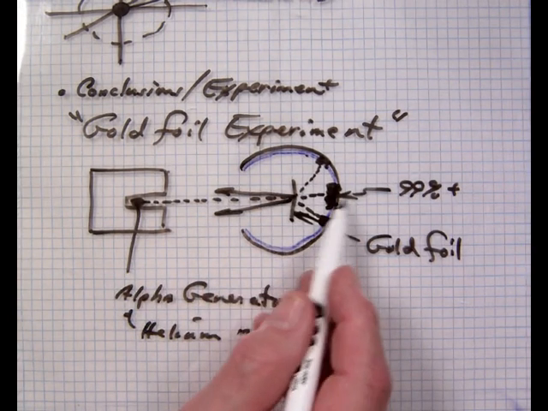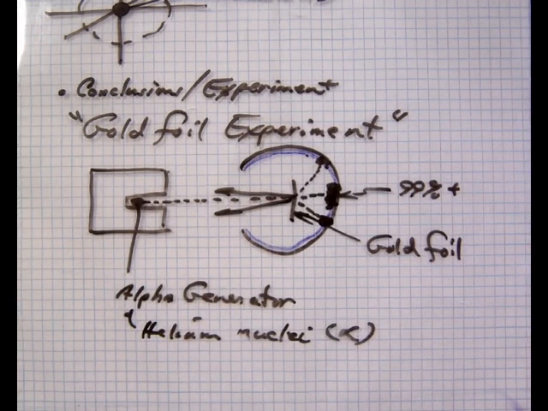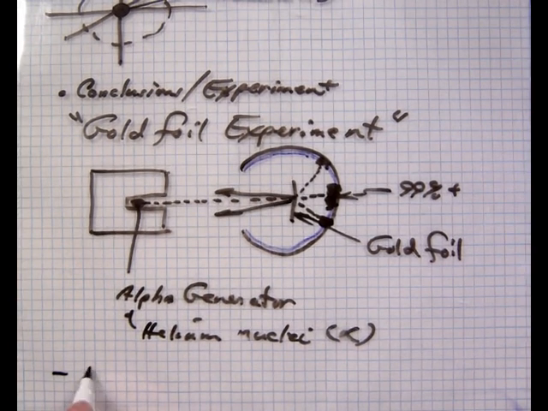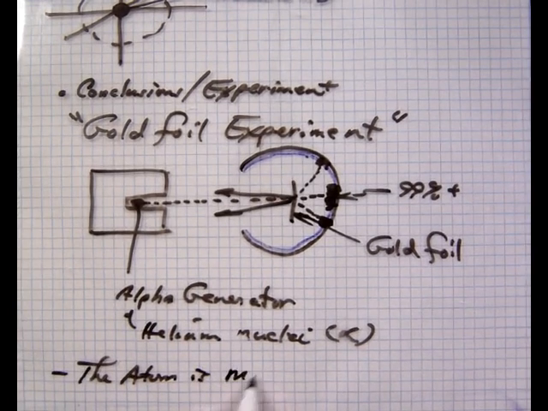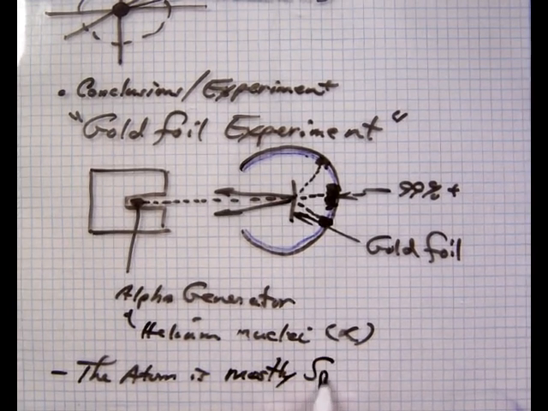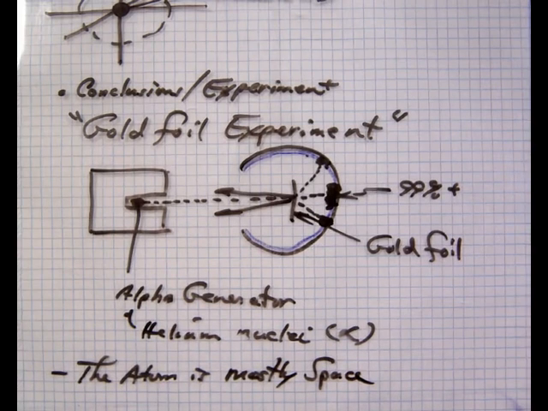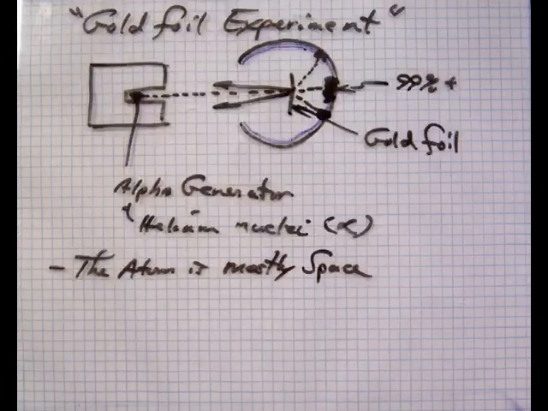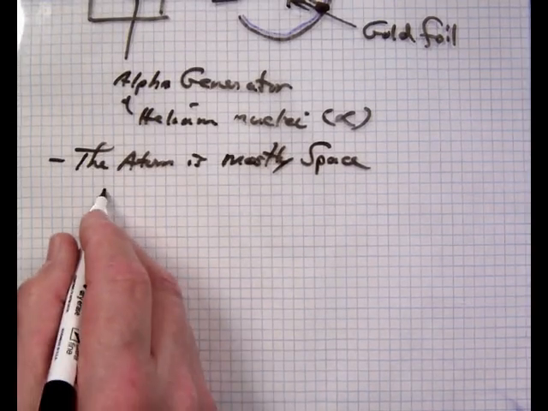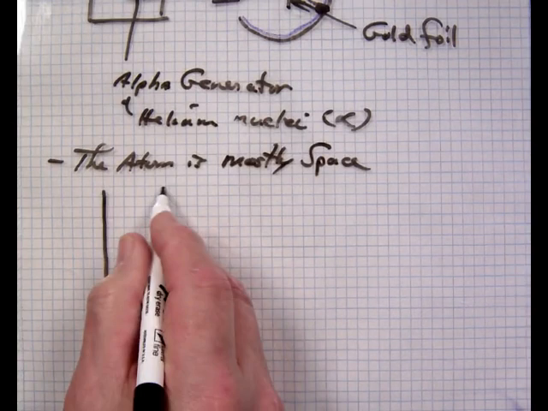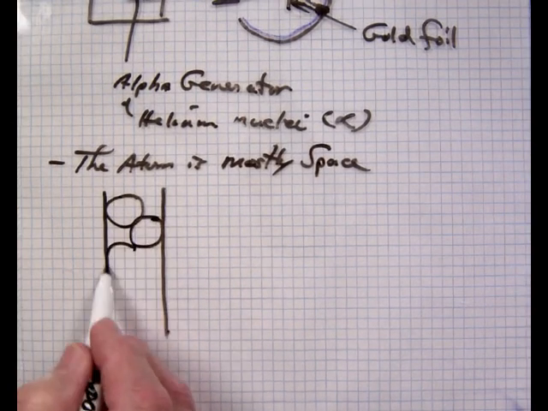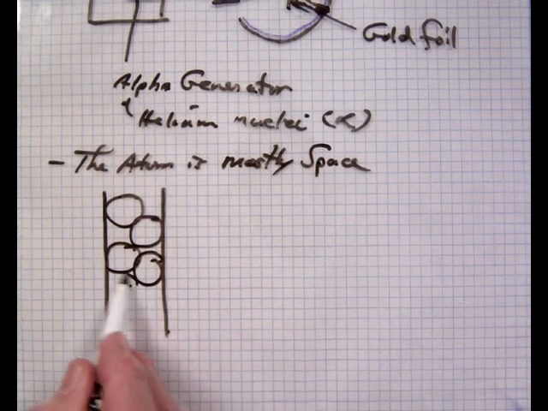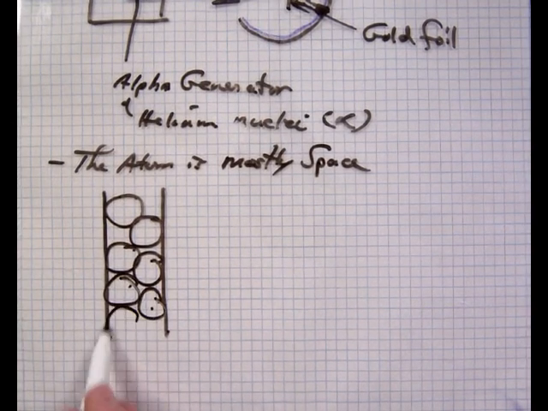And the fact that most of them went through, he claimed, and one of his postulates is the atom is mostly space. Okay, and it consists of that very, very dense core structure, and the inherent nature of atoms were electron cloud, close, but not nuclear close.